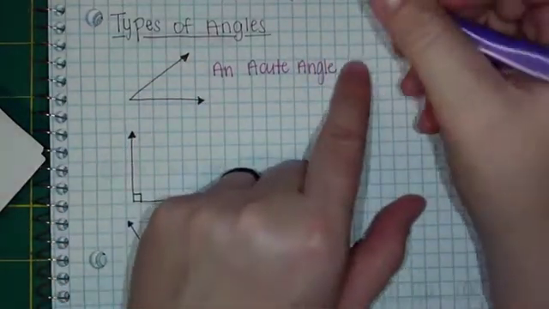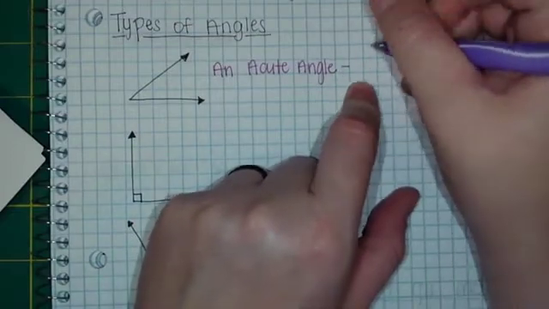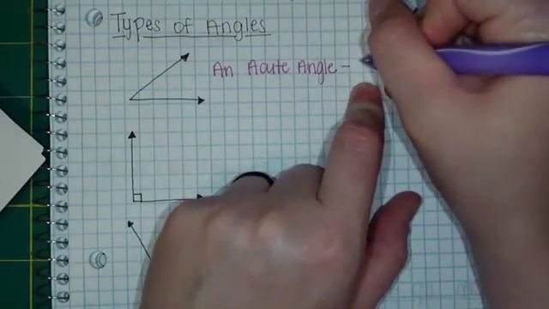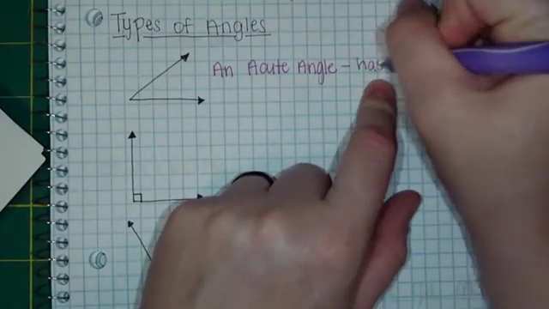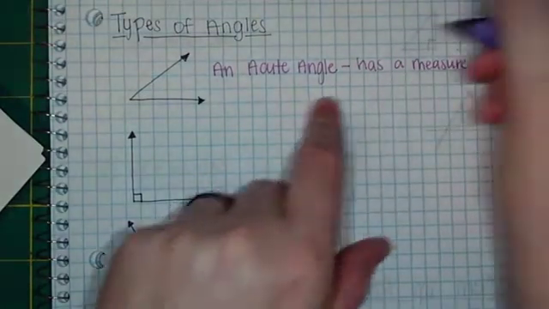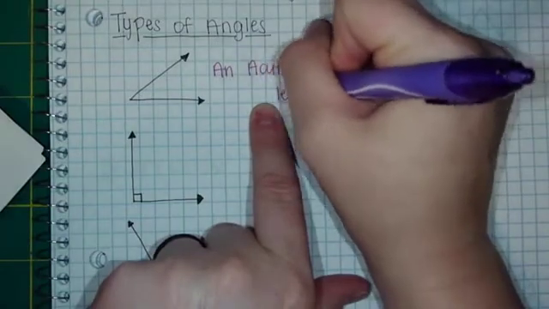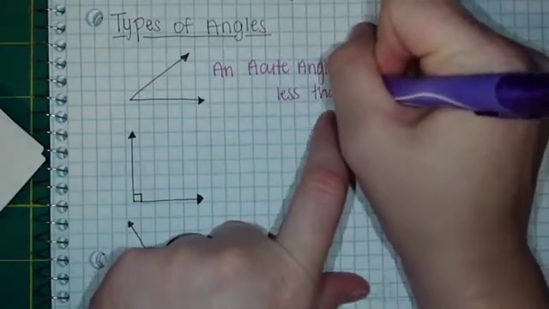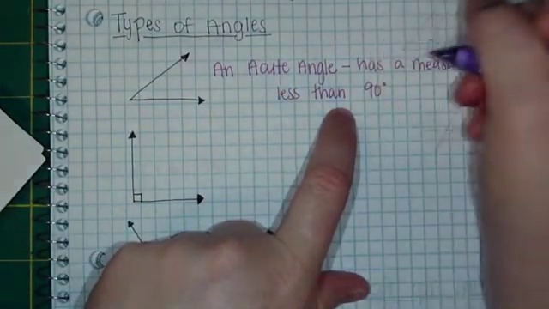So an acute angle, we have some examples. First we'll write has a measure less than 90 degrees.